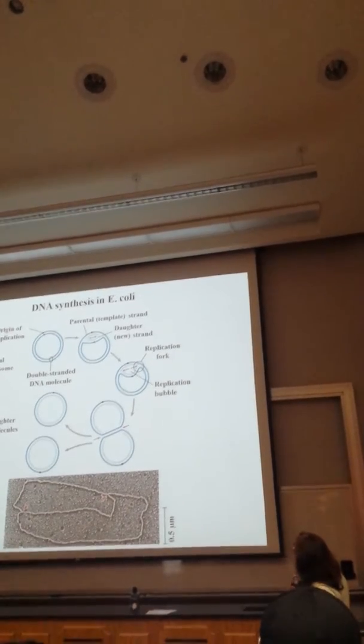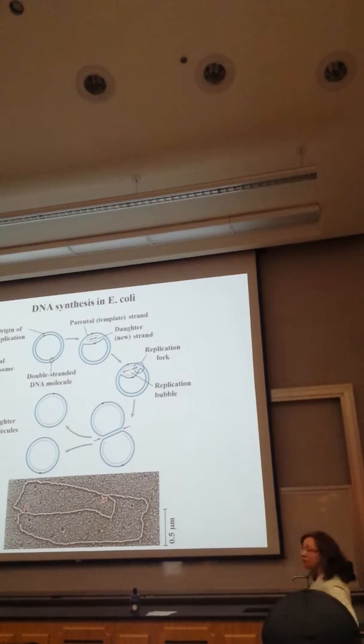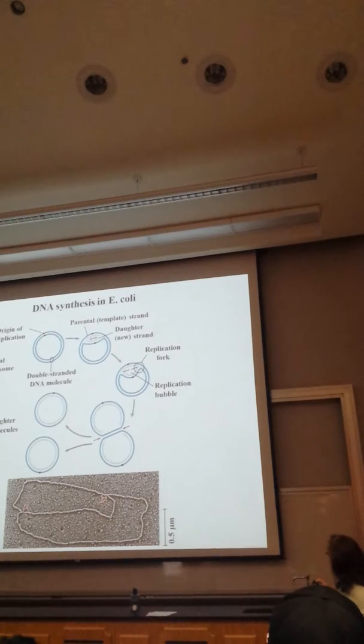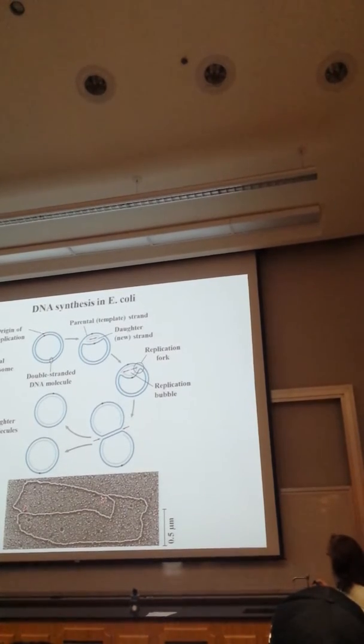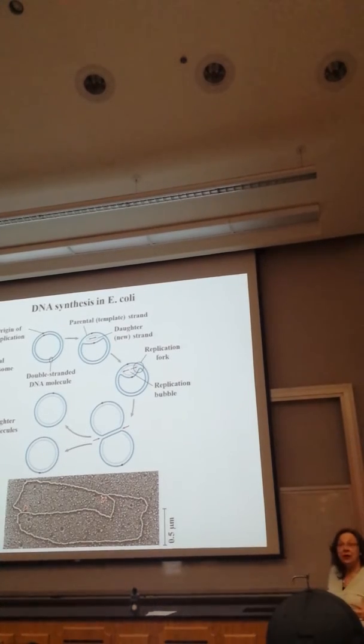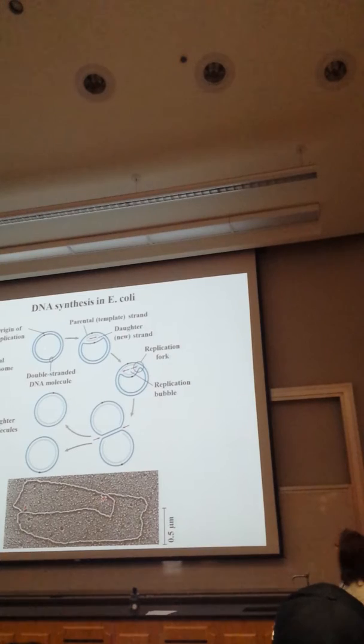I just wanted to point out that in E. coli, you have a very similar situation where you have an origin of replication, and that origin of replication is actually attached to the plasma membrane of the bacterial cell. There's no nucleus, but it's attached to the plasma membrane.